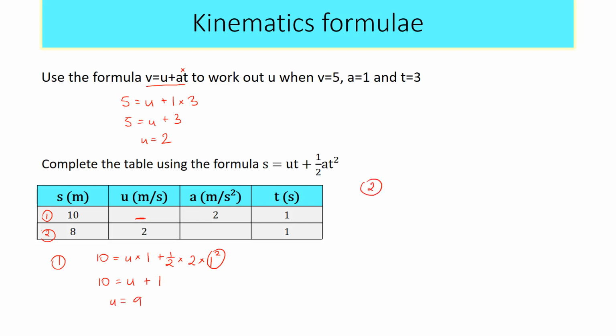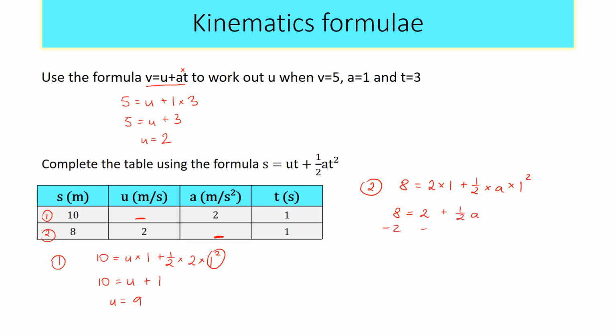Then for the second example, the value of s is 8. Then I've got u, which is 2, times t, which is 1, add a half times a, which is the unknown that we're trying to find, times t, which is 1 squared. So that's 8 equals 2 plus a half a.